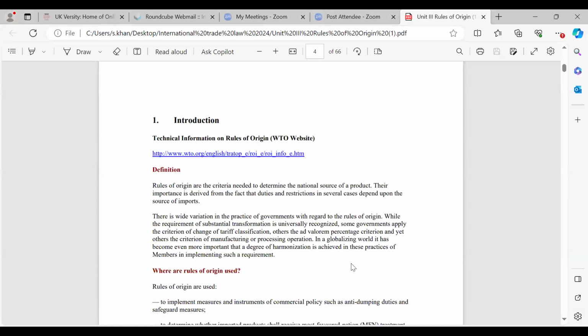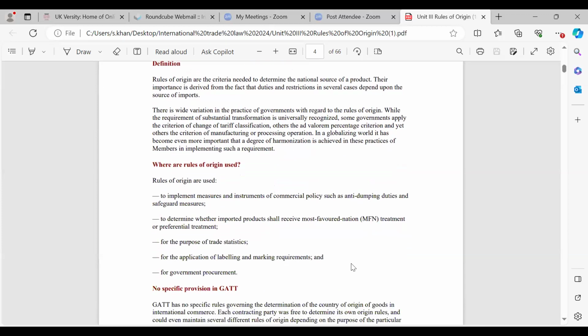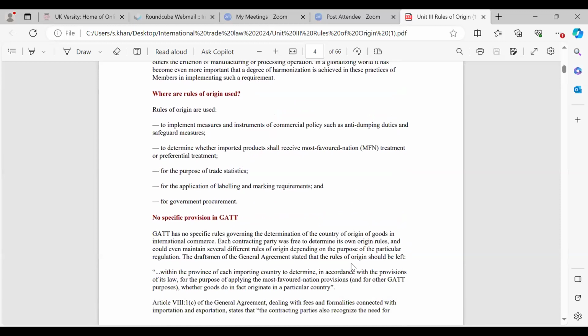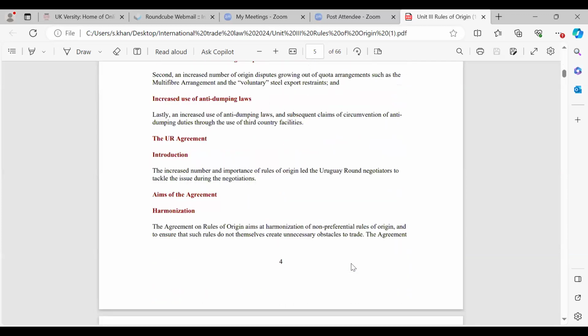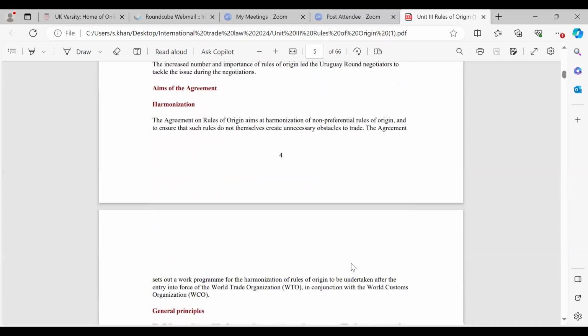It's there for additional reading for you, looking at the rules of the World Trade Organization, how it was developed, and how the rules are used in regards to the General Agreement on Tariffs and Trade. It also looks at the issues around anti-dumping and harmonization.